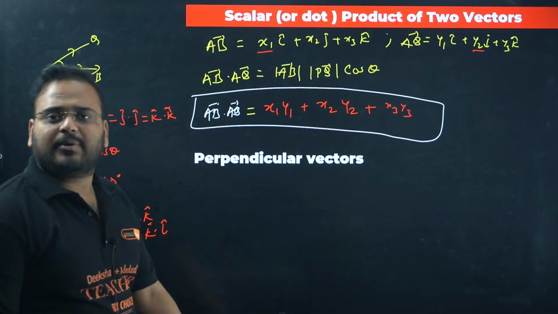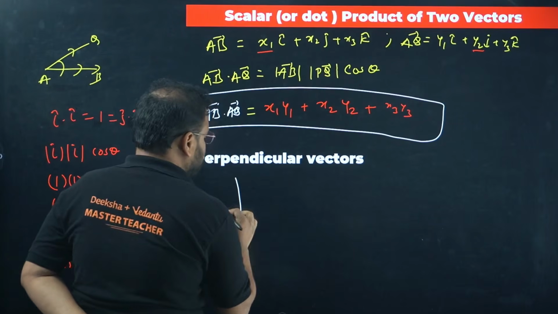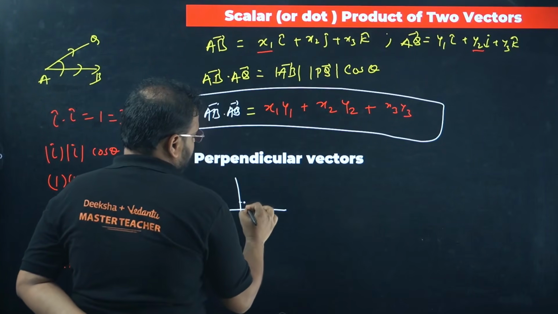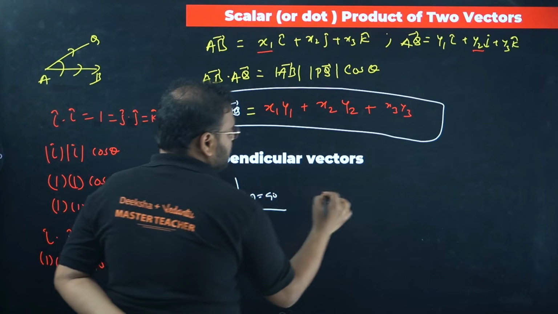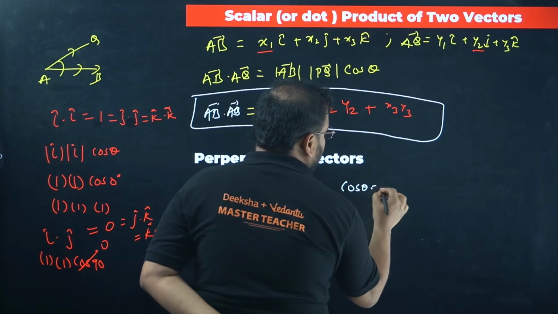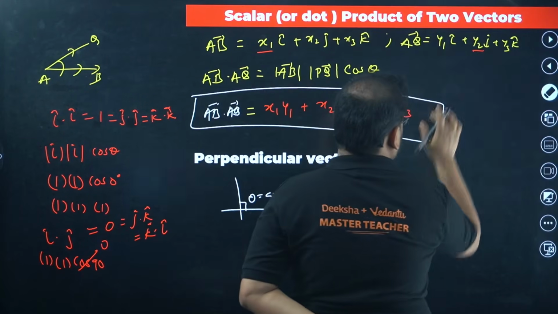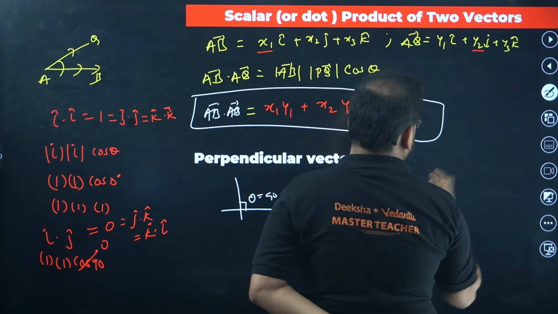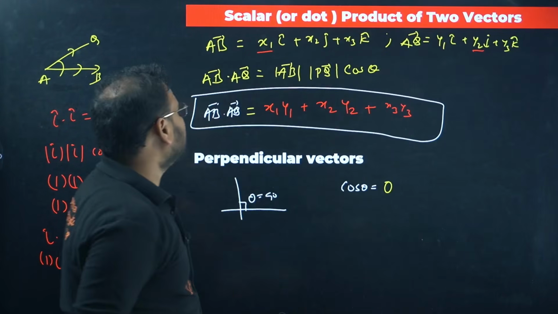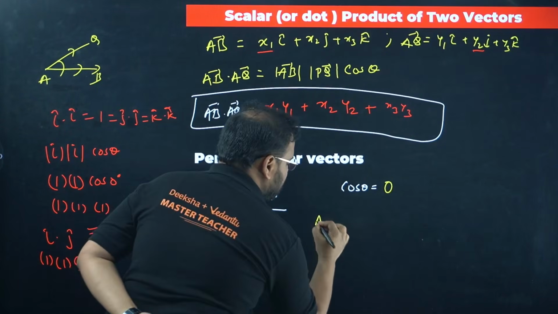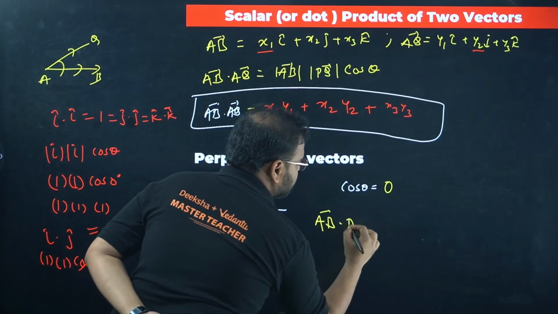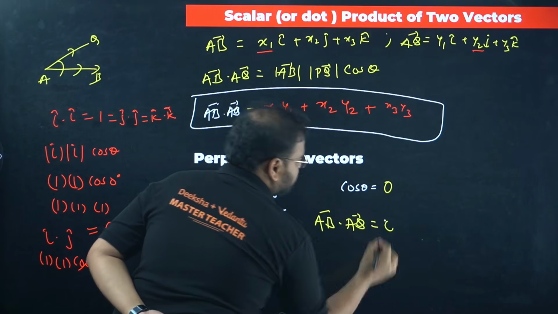What happens in the case of perpendicular vectors? It means vectors are like this. Okay, the angle will be what? 90 degrees. So you'll have cos theta as 0, cos 90 will be 0. So basically if you write here the same thing, AB dot with AQ, the answer will be 0.